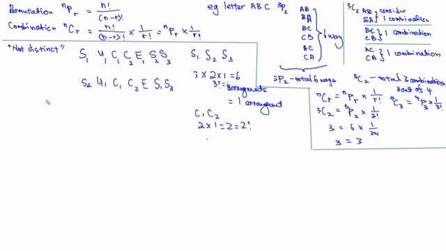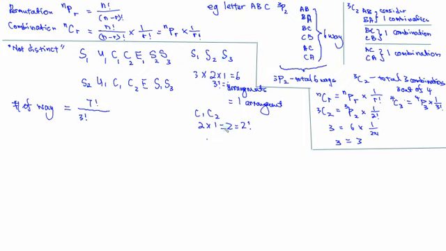So the number of ways of arranging this will be equal to 7 factorial, for the 7 letters, over 3 factorial.